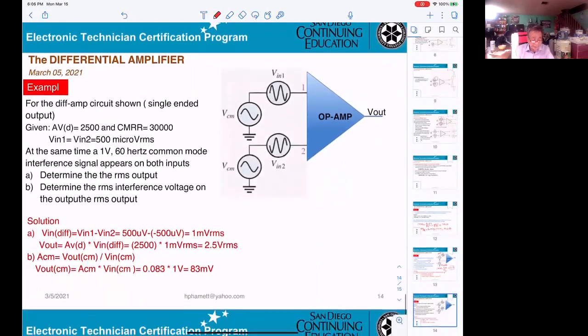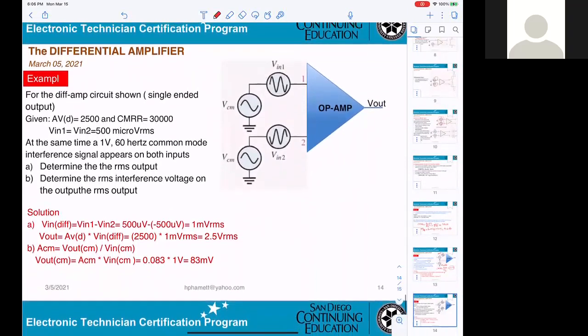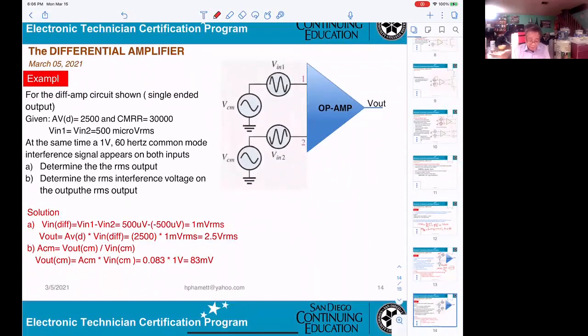Now, try to understand this one, which will be different from the previous one. They apply input 1 and input 2, and they say input 1 equals input 2 equals 500 microvolts RMS. They have the same value, however, if you look at the signal, they are opposite.